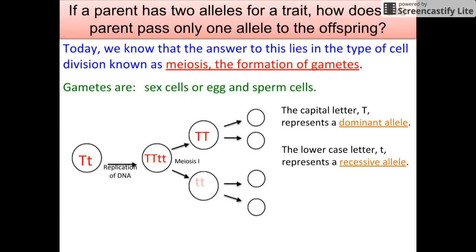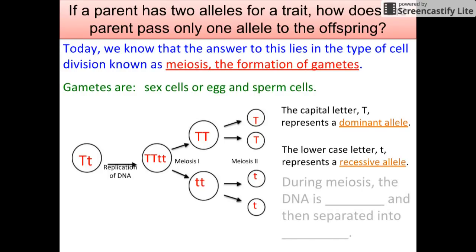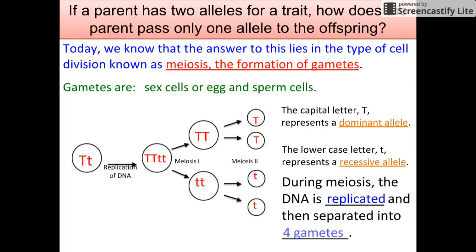It gets split into 2 cells. Then it undergoes meiosis 2, and those 2 get split into 4 individual sex cells. And each of those sex cells is haploid. So during meiosis, the DNA is replicated and then separated into 4 gametes. We can see 2 of these gametes have dominant alleles and 2 of these gametes have recessive alleles.